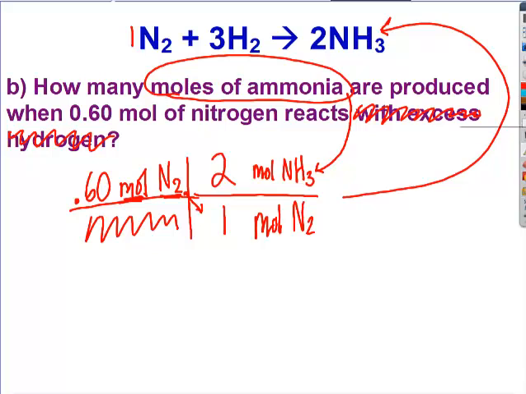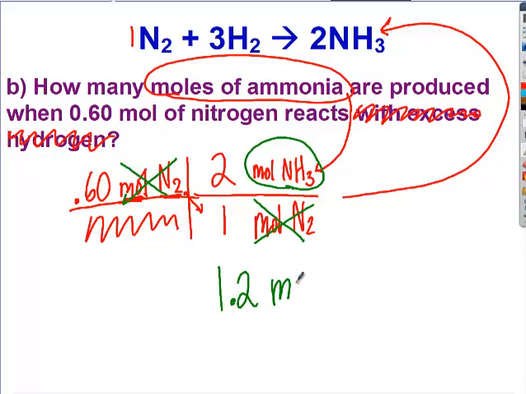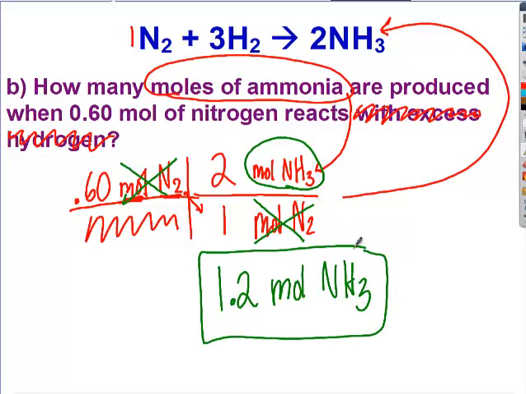Now, what unit can I cancel out? I have moles of nitrogen here, moles of nitrogen here. So my final answer will be in moles of NH3. Multiply the top, divide by 1, and you will get 1.2 moles of NH3. Okay?